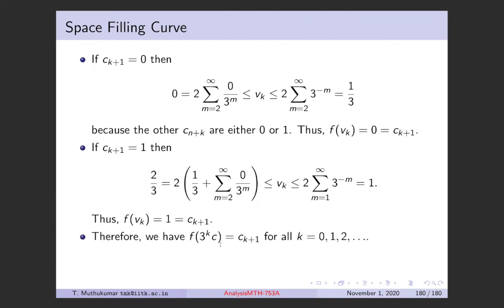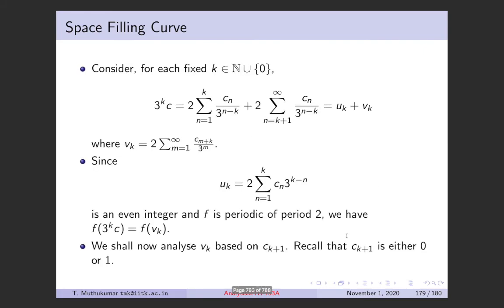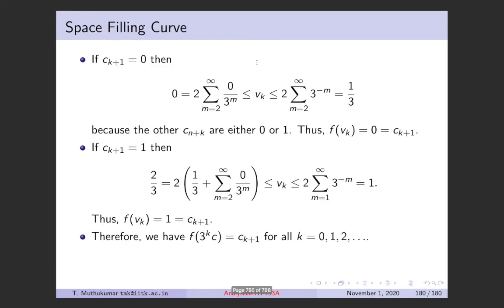So f of 3^k c is equal to c_{k+1}, and this is true for every choice of k, right? We already fixed k in the beginning when we started here. So for all non-negative integers k, f of 3^k c is c_{k+1}.